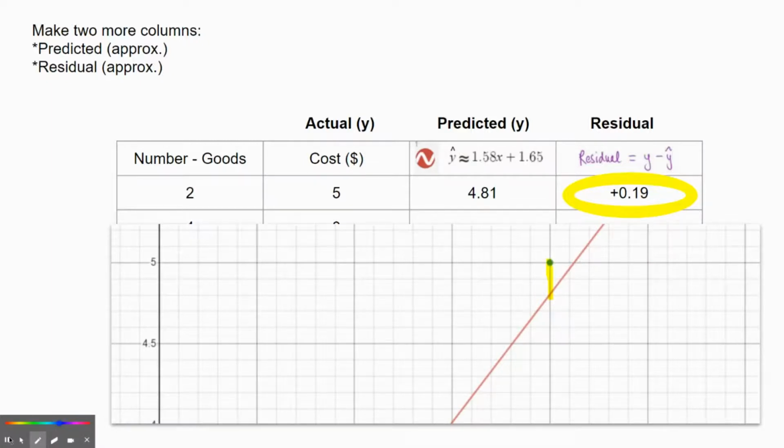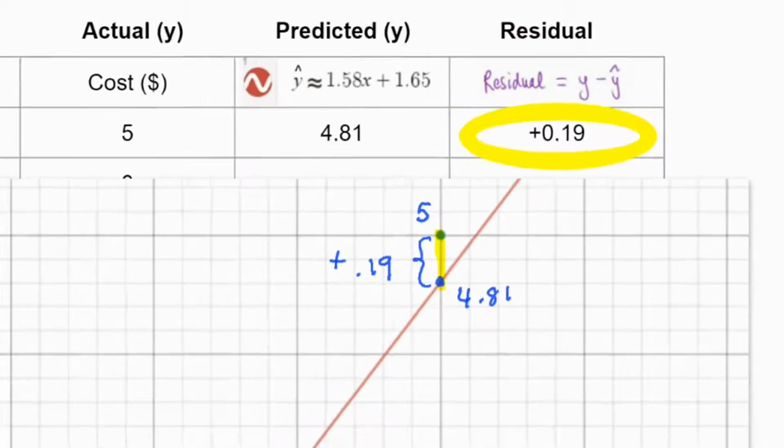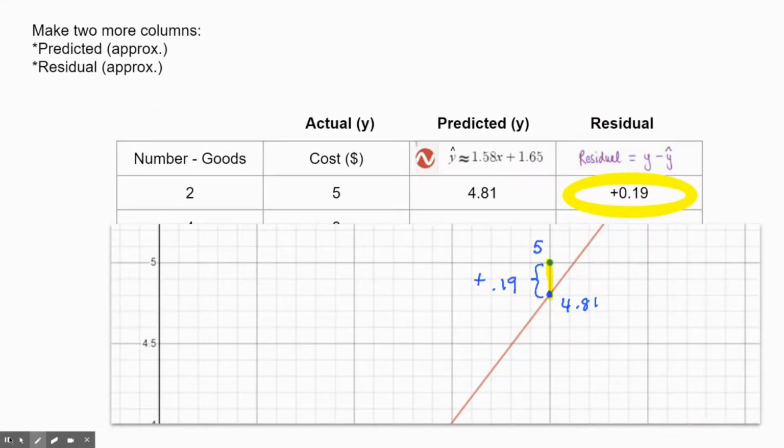It means that our actual data value of 5 is above our prediction, which down here is at 4.81, so the distance from here to here is positive 0.19. We actually underestimated. Our actual value was $5, but we underestimated by about 0.19, or 19 cents.